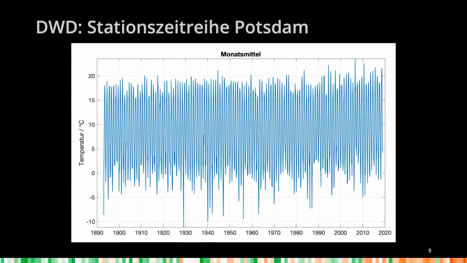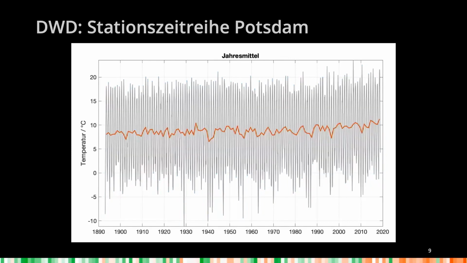I created the middle line. So there are also some colder months, and at the end of the year there's more. And the yearly middle increases. So you see that the median increases slowly.